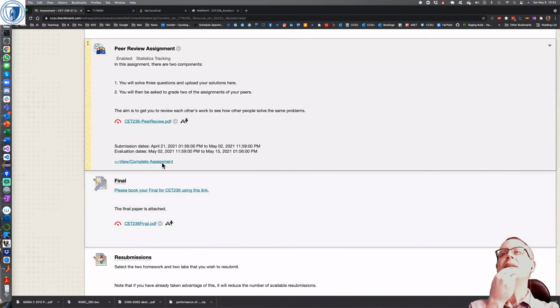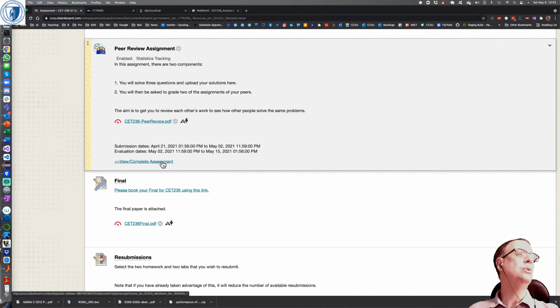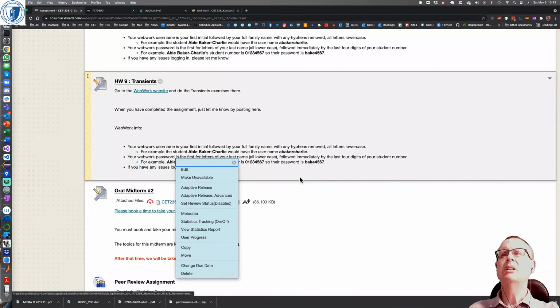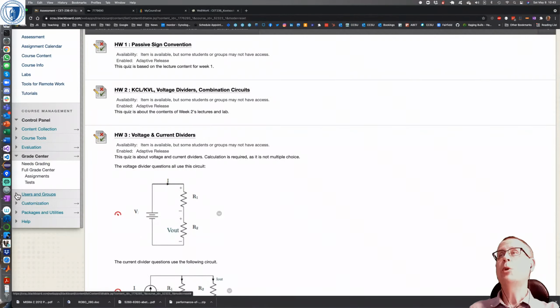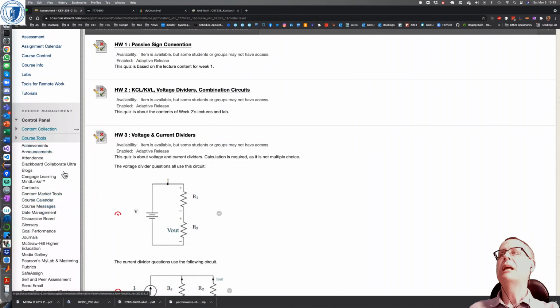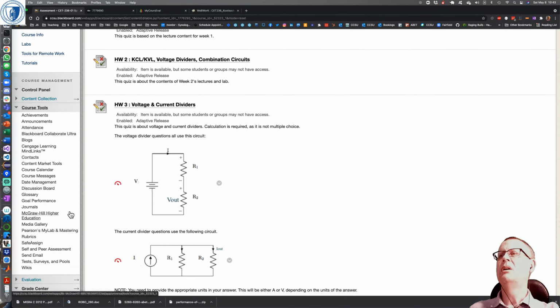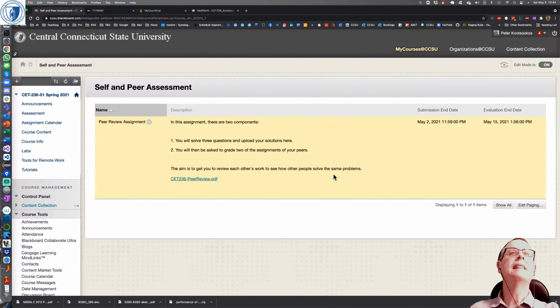The idea here is to not have me grade your assignments, but to have everybody else grade your assignments. Oh, that's right, I haven't ever used this option in Blackboard before. So I've got to go in here.